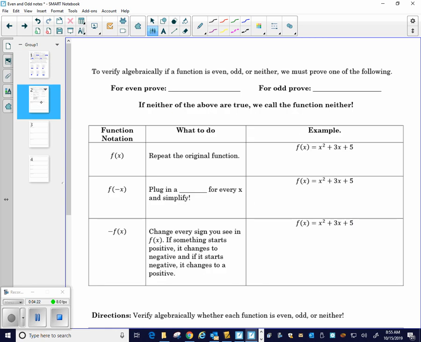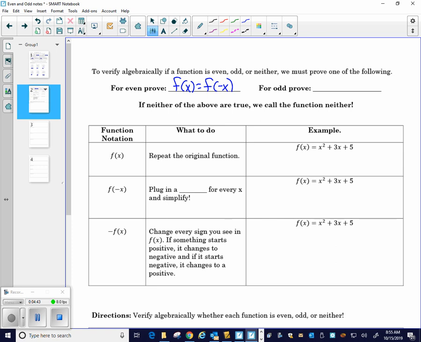All right, to verify algebraically if a function is even, odd, or neither, you have to prove one of the following. For even, like I said, you have to show that f of x equals f of negative x, or in general it just means that for every positive x value, the negative x value is going to produce the exact same y value.